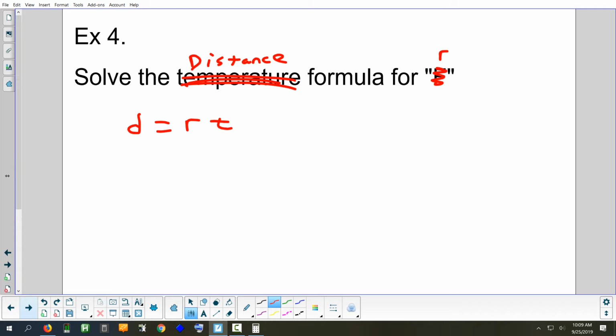But they said R. What's near the R that we don't want? T. What operation are we doing with R and T right now? Multiplication. So what's the opposite? Divide. What would you divide each side by? T, to get R by itself.